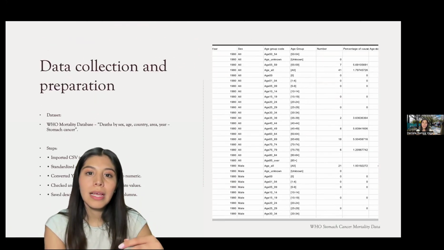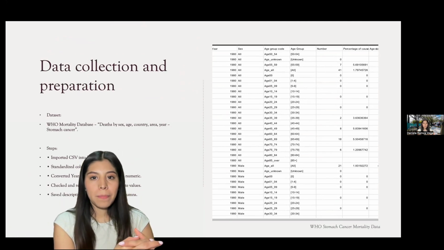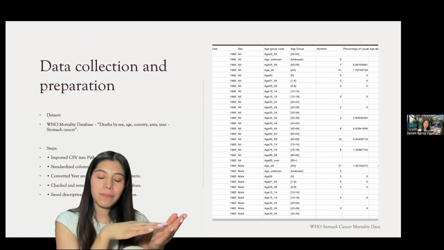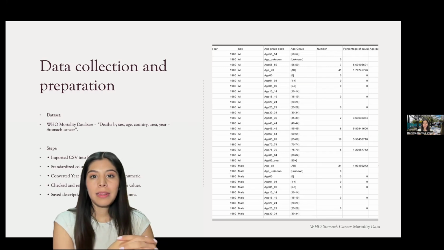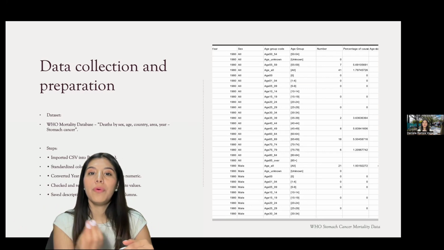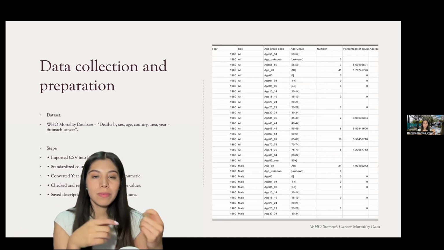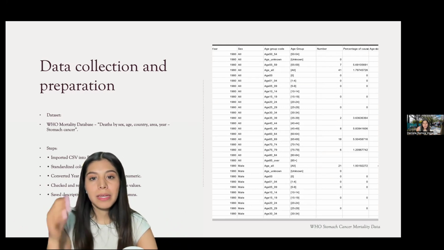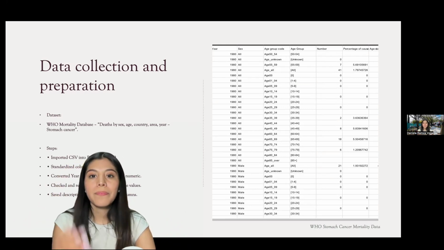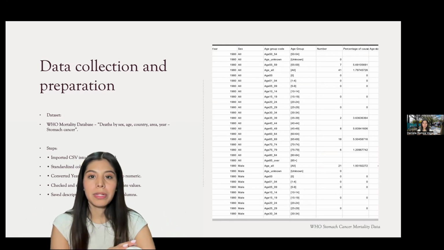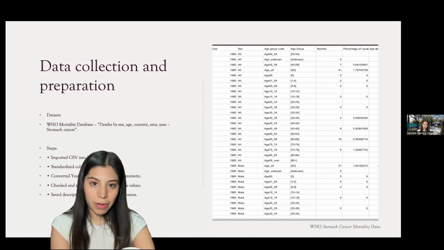So for this project, the dataset was provided in class, and its origin is the World Health Organization mortality database, which I already mentioned, and it compiles official national data reported by governments and health authorities.